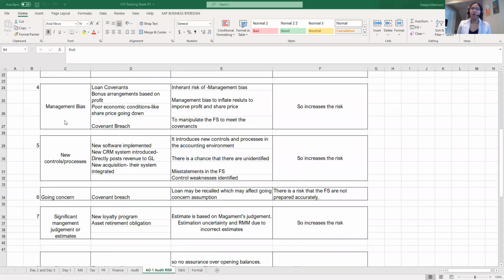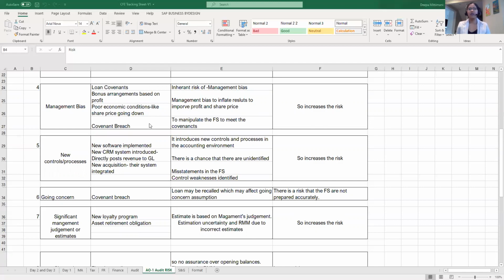Then there is another important one that you would observe in the case scenarios, which is management bias. Whenever there are loan covenants, keep an eye out for them, as well as bonus arrangements based on profits, poor economic conditions, and a share price that is getting affected.